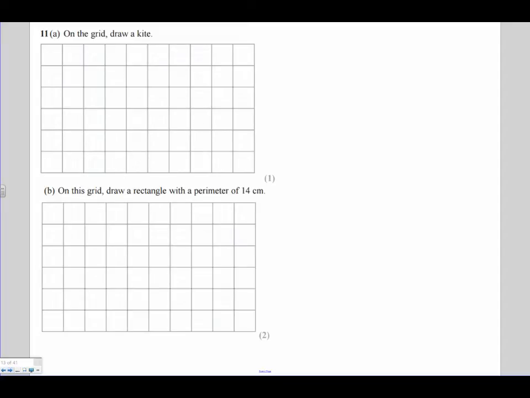Question 11a. On the grid, draw a kite. So a kite has adjacent sides that are the same length, and the other side should be a different length, something along those lines. On the grid, draw a rectangle of perimeter of 14 centimeters. So the two sides have to add up to 7.